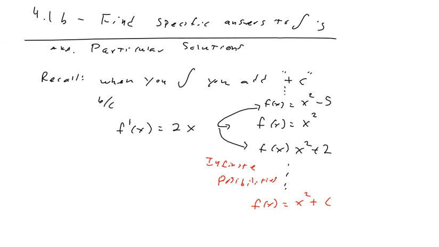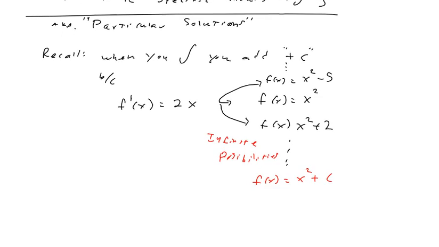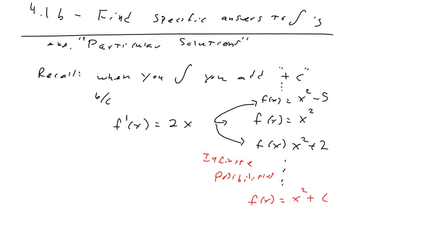All right. So notes 4.1b, finding specific answers to integrals, which is aka a particular solution. We call these particular solutions. What I was talking about here is that when you have an integral, you add this plus c, because if you know what your derivative is, you don't know which one of these was your possible original equation.